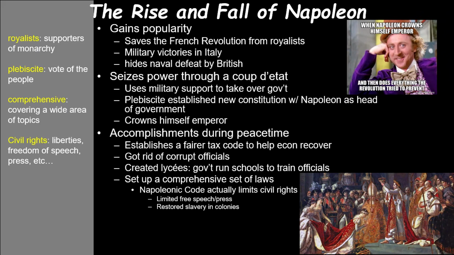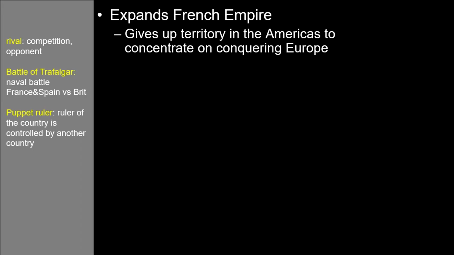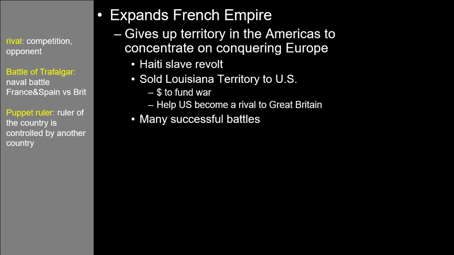Let's talk downfall energy. Okay, this is where Napoleon goes full world domination speed run. He ditches the Americas like they were last season's trend. After a slave revolt in Haiti wrecks his colonial plans, Napoleon's like, forget it, and sells the Louisiana Territory to the US for war cash. That one move, low-key, helped the US glow up and eventually challenge Great Britain.